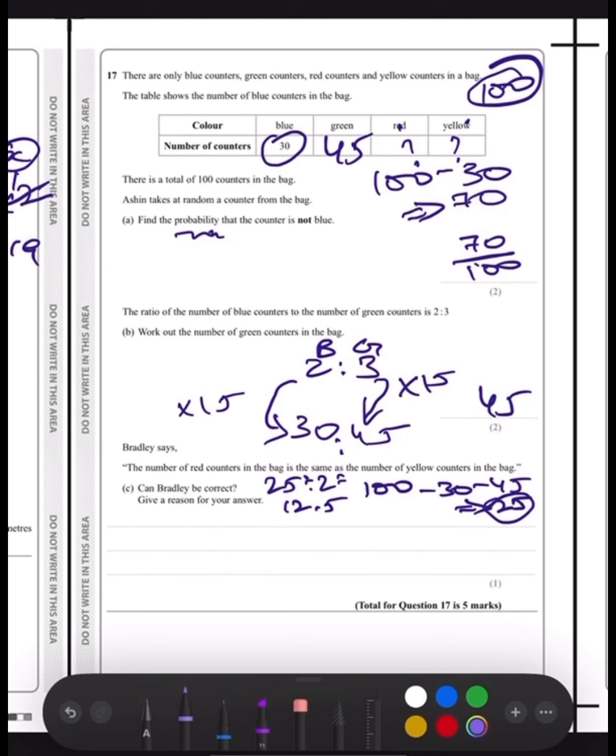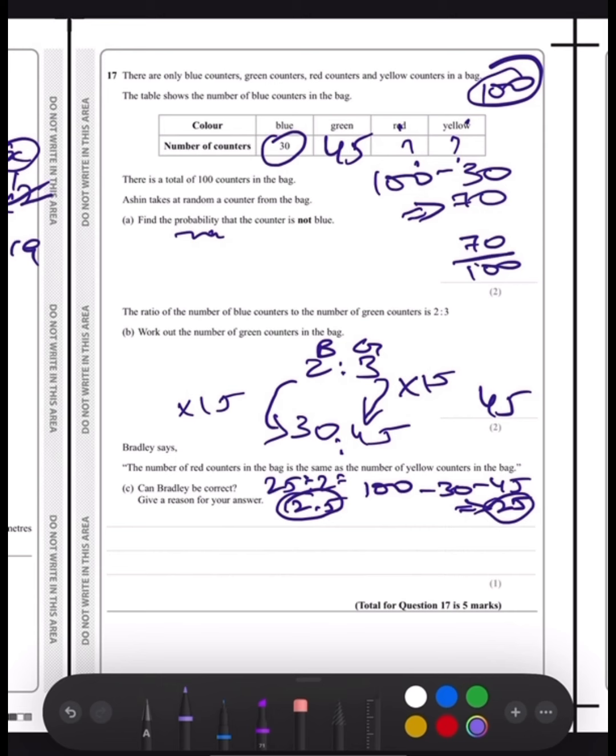So there are 25 red and yellow counters in total, and 12.5 is not an acceptable value. We cannot have 1.5 counters or half a counter. No, there cannot be. For this kind of answer, we should know that it must be a whole number.